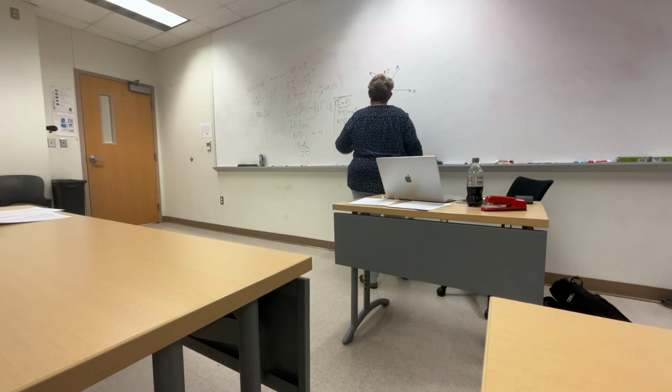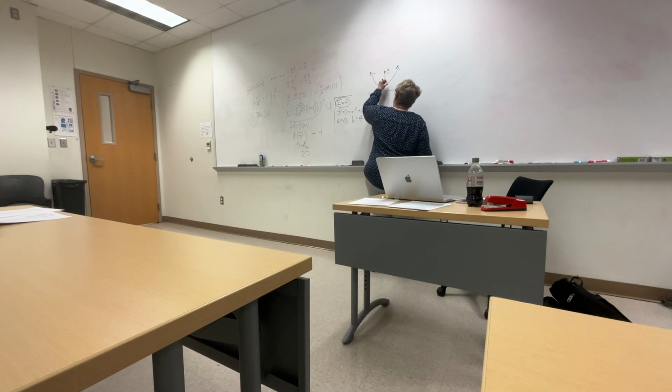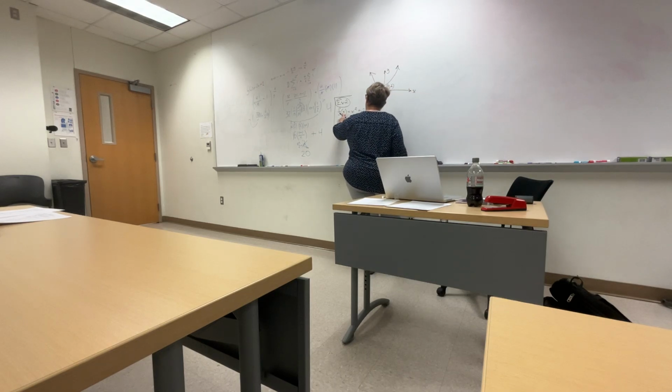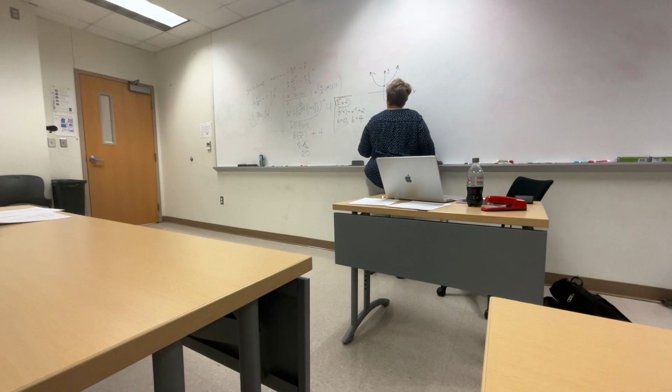Okay, so we know that this is the point 0, 2, because if we put 0 in for x, we get 2. And let's put 2 more points. Let's put -2 and 2.